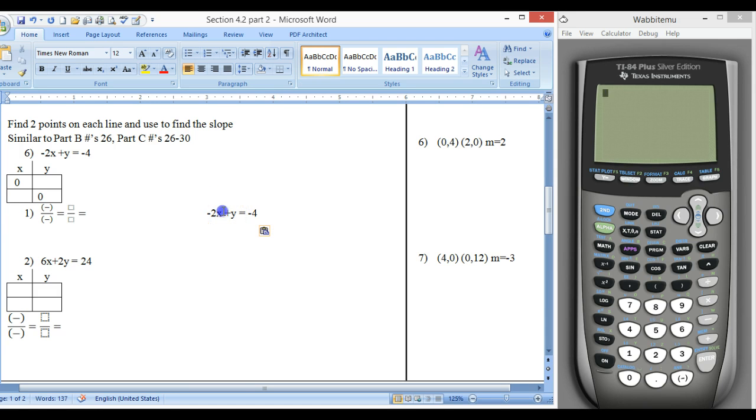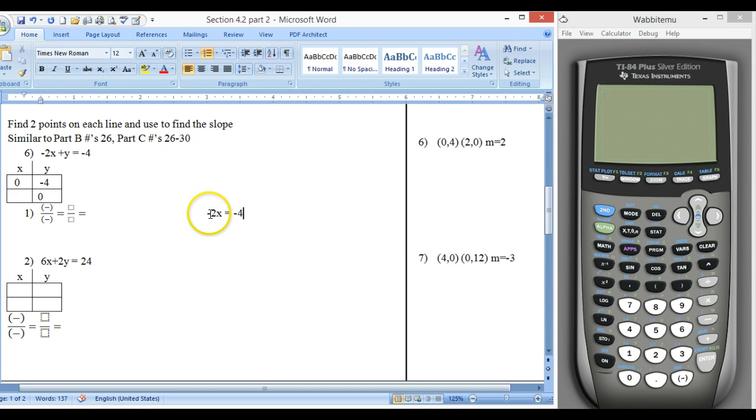Okay, so when I put a 0 in for x with my parentheses, that means that this whole part is gone. And I'm left with y equals negative 4. That's why it's my favorite to plug in these zeros. Now, put my x back in here. And if I plug 0 in for y, I'm just going to delete that because it's 0. And I have negative 2x equals negative 4.